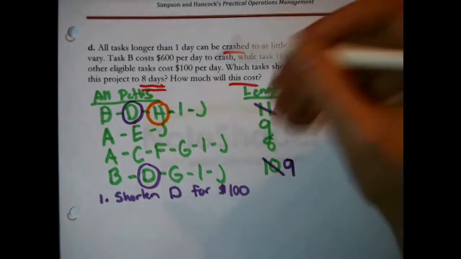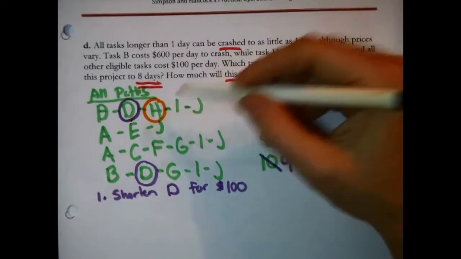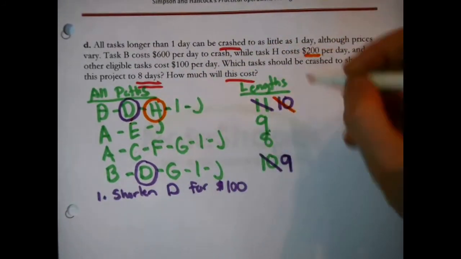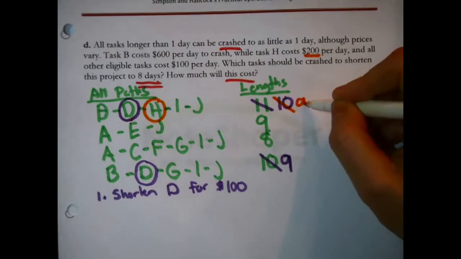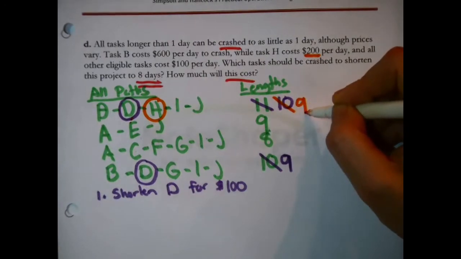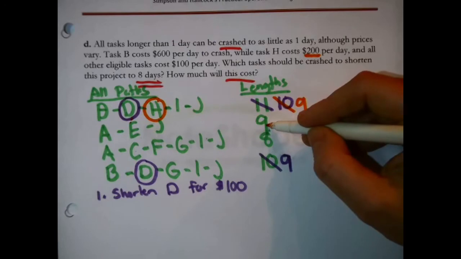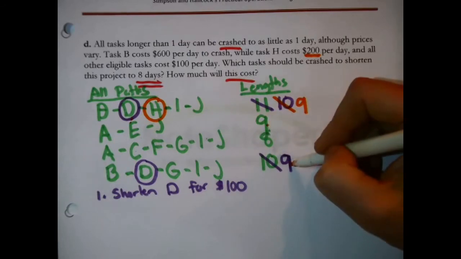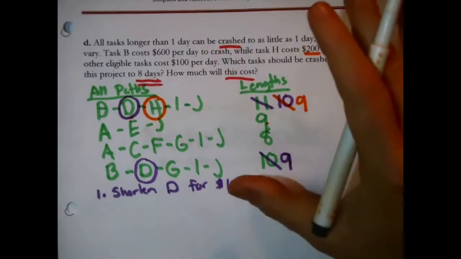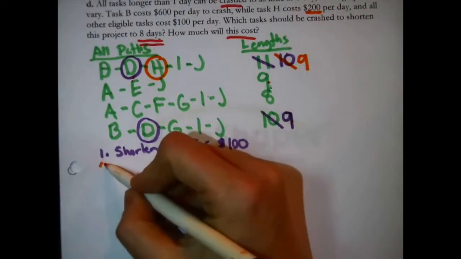And H is just on that path. That means that that path is now 9 days long. Funny, this path is 9 days long, and this path is 9 days long as well. But that's okay. The project is now 9 days in length. I better note my decision, though.